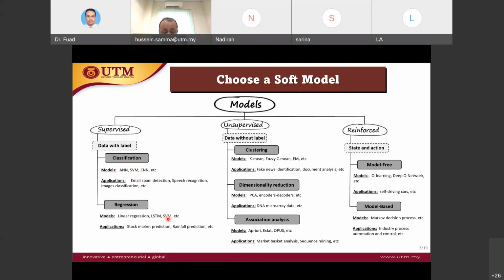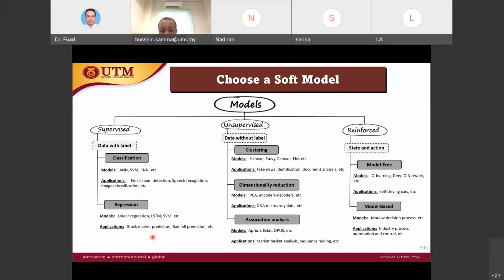We have support vector machine, which comes as a regressor and at the same time as a classifier, and so on. I'm just trying to give some examples of each category here. In terms of application, when we are talking about regression, we are talking about problems like stock market prediction, rainfall prediction, and so on.